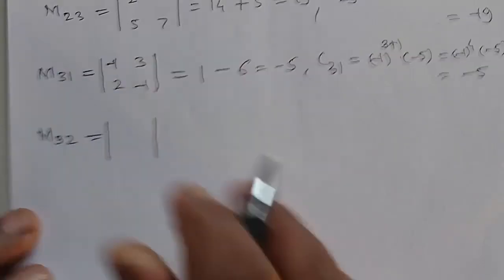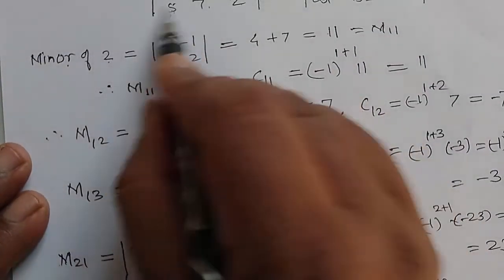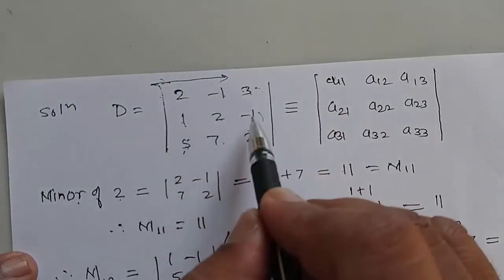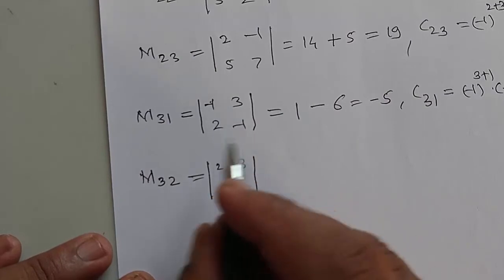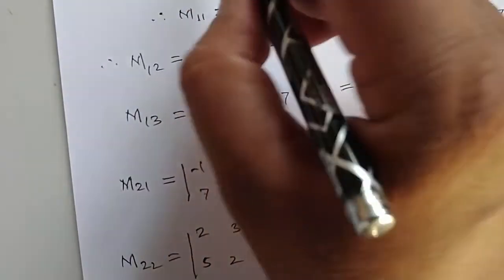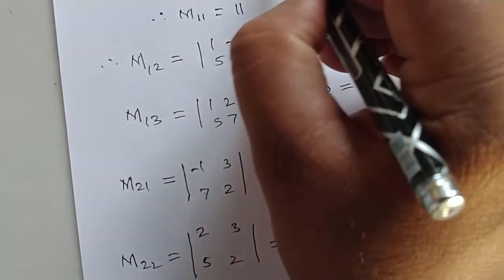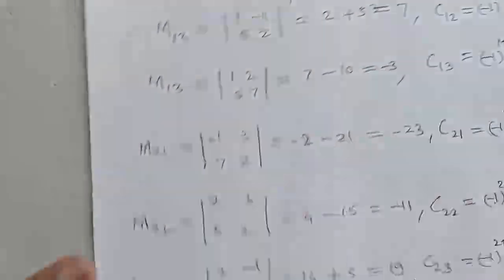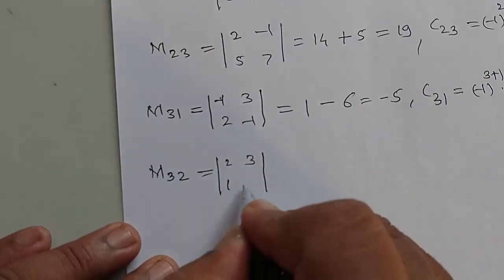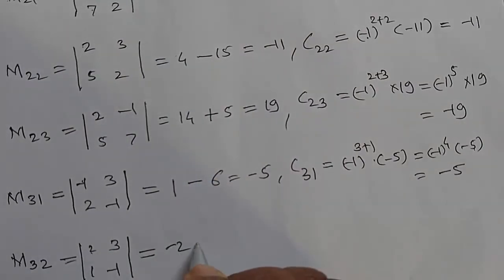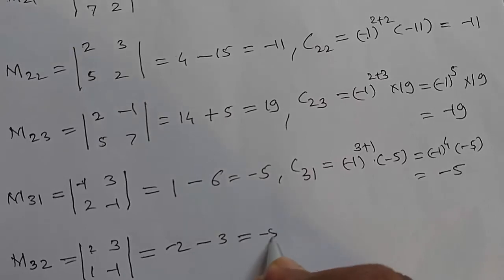It is a determinant by eliminating third row and second column, 2 3 1 minus 1, which is equal to 2 into minus 1, minus 2, minus 1 into 3, 3. So, it is minus 5.